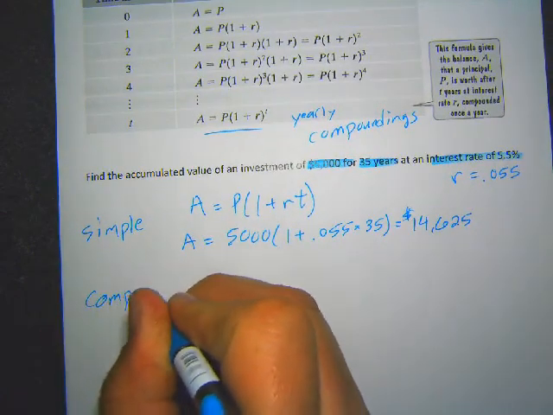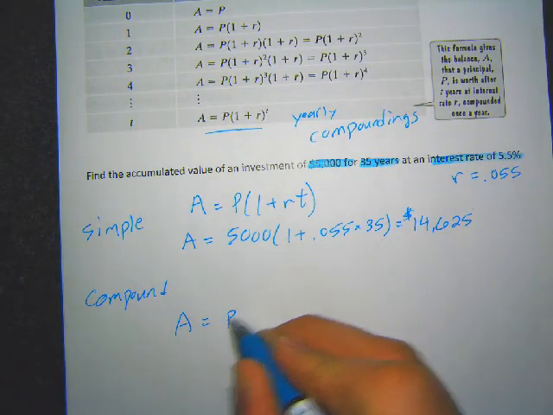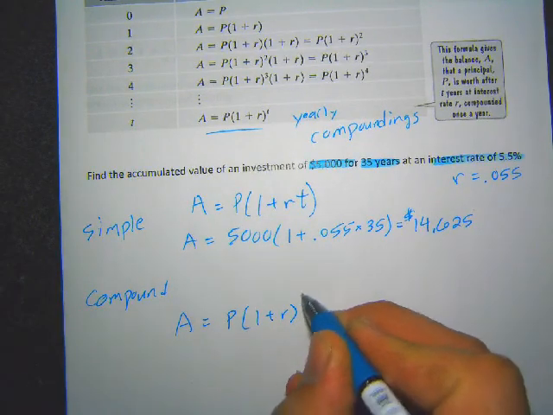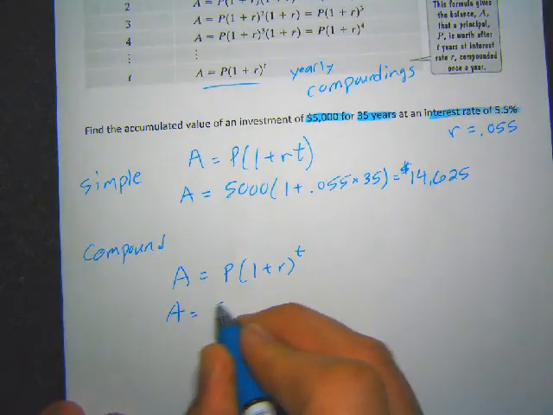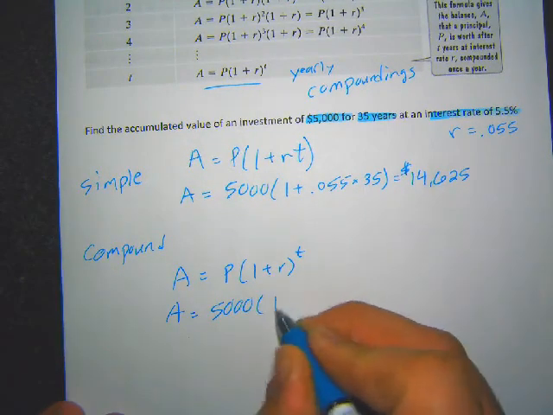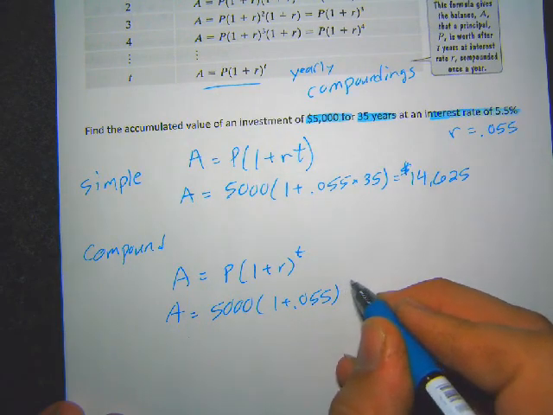If I do compound interest instead of simple interest, then I use the formula A equals P times (1 plus r) to the t. So then I would have 5,000 times (1 plus 0.055) to the 35th power.